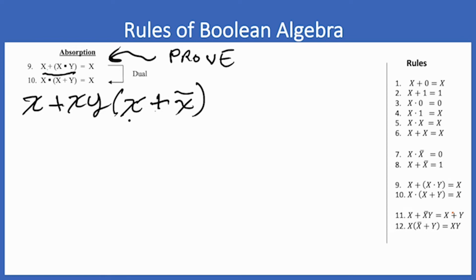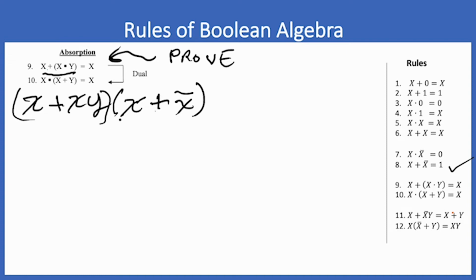But as you'll see, x plus its complement is equal to 1. So this is equal to a 1. And then anything times 1, x times 1 is equal to x. So x plus xy times 1 is equal to x plus xy.